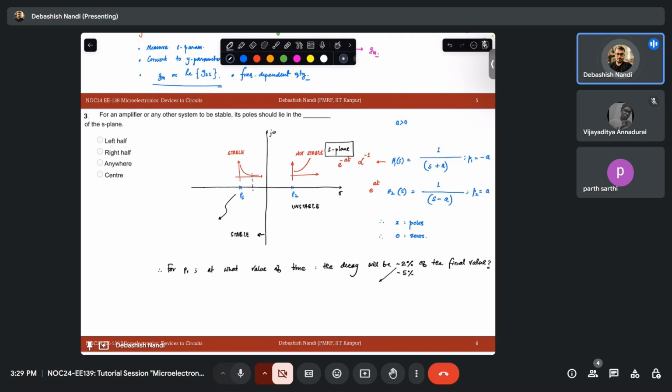So 2% is related to 5 tau, right? And 5% is related to 3 tau.